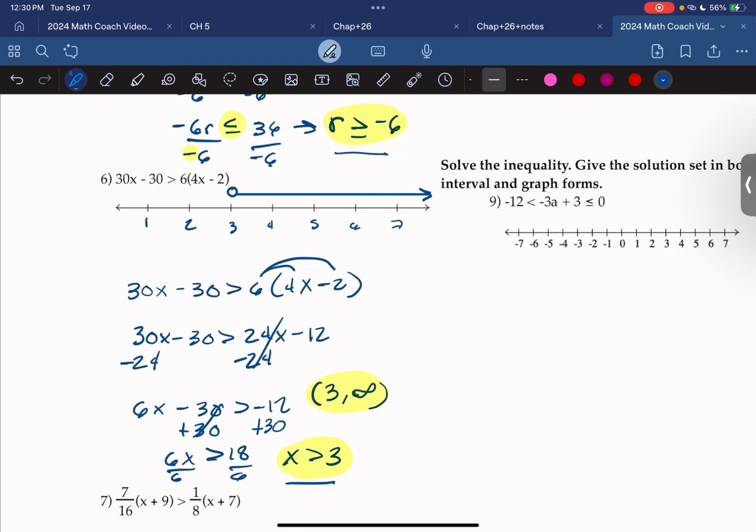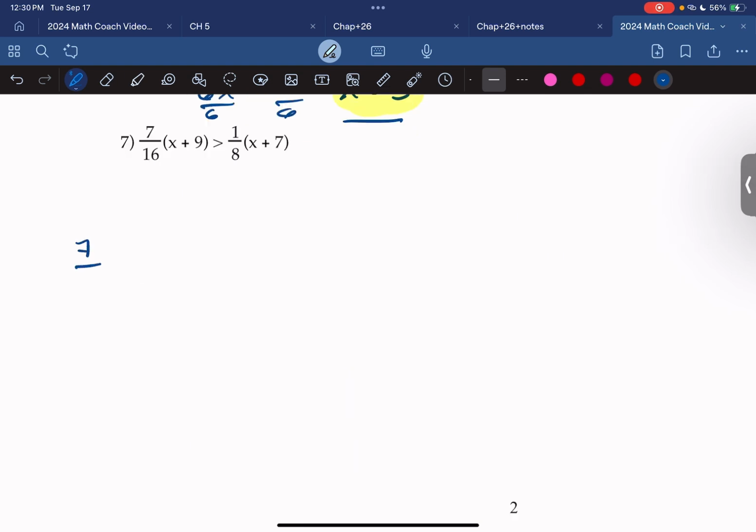And now let's go to number 7. Let's rewrite it. And now we distribute this fraction into the parentheses.